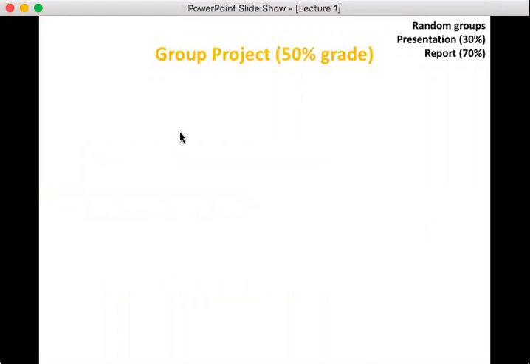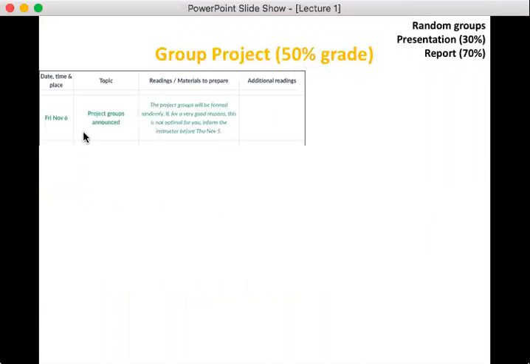Okay, so let's see the scheduling of the group project. First of all, this Friday, we will announce the groups. Now, I said it's random, but of course, if there is an extremely good reason why I should consider something when we make the groups, please let me know by Thursday.